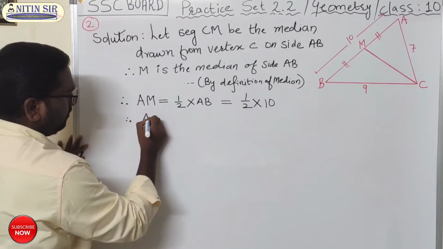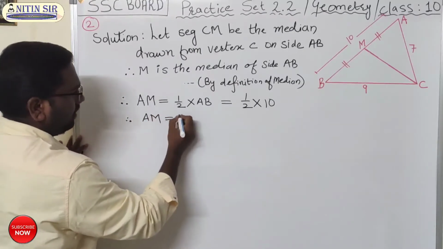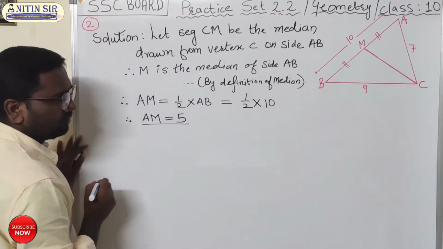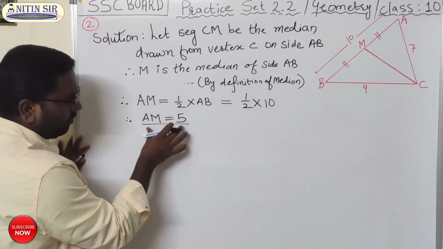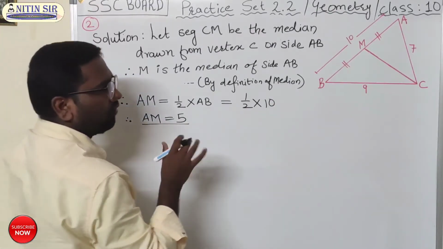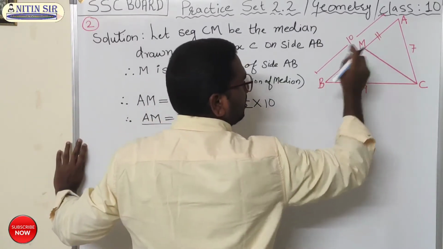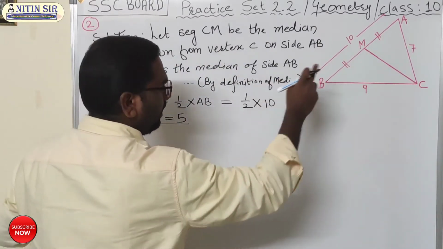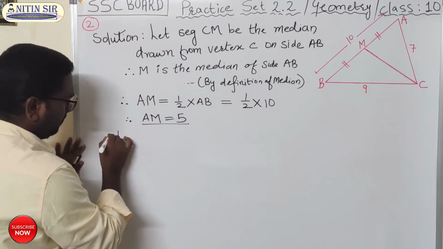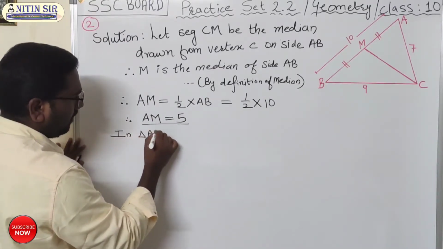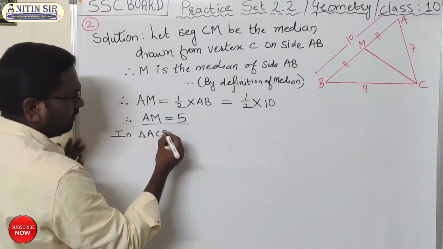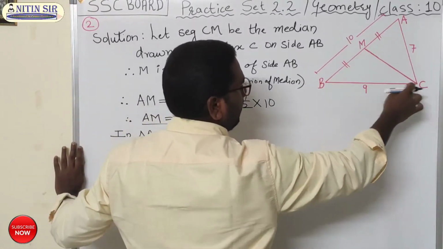Therefore AM is equal to 5. 2 fives are 10. So we have found the value of AM, but what we have to find? We have to find the value of CM. So in triangle ACB, so this is a triangle ACB.